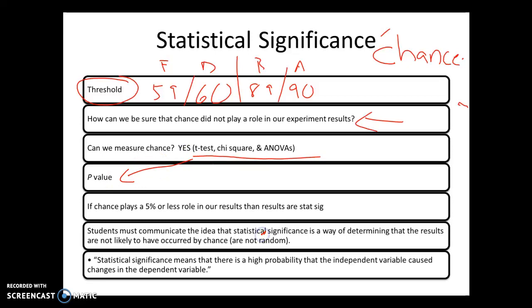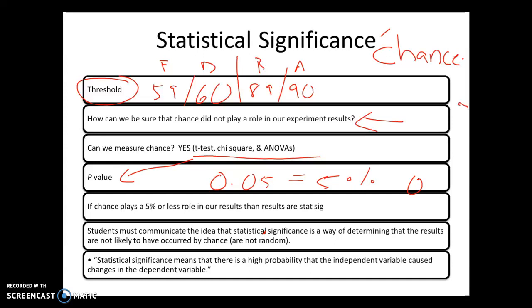And usually it'll be something like this, which equals 5%. The p-value has to be 0.05 or less. It can never be just zero. It can never go to zero. We can never be completely sure. But if it's 0.05 or 5% or less, then we would say that our results are statistically significant.